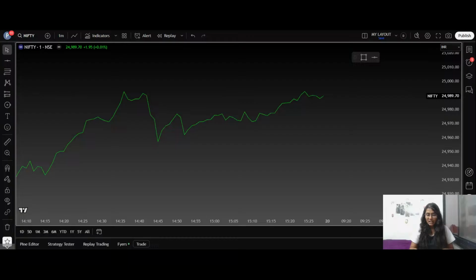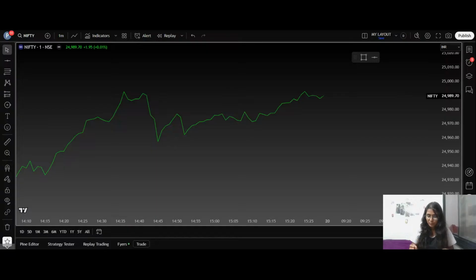A line chart plots prices as a continuous line. As you can see, this line is continuous, usually using the closing price of each period. Please, you must write this definition. I'll explain it to you after reciting it.